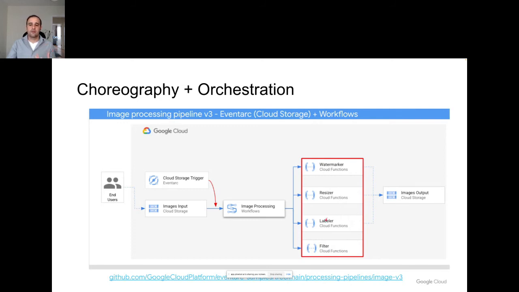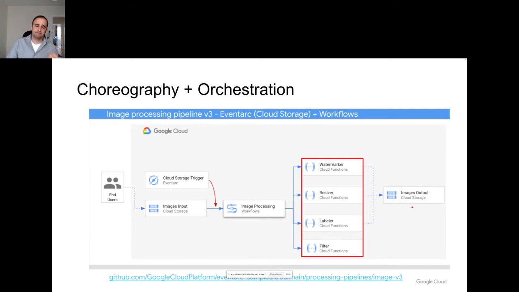Then I have a labeler function that will take the filtered images and extract the labels out of that image using machine learning again. Then there's this resizer function that will take the image and resize it to a size that we define. And then finally, we have the watermarker that takes the labels from before and the resized image from before and creates a new image that has the labels on top of that image as a watermark, and saves it to the output bucket.